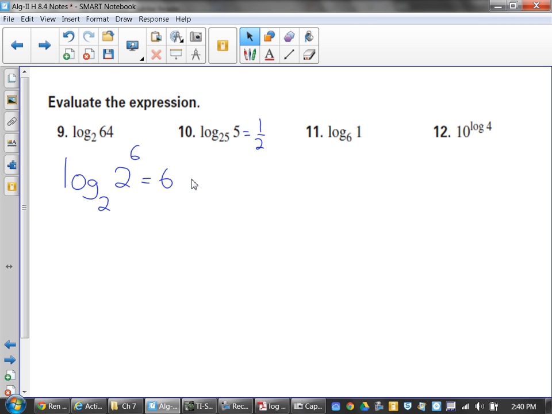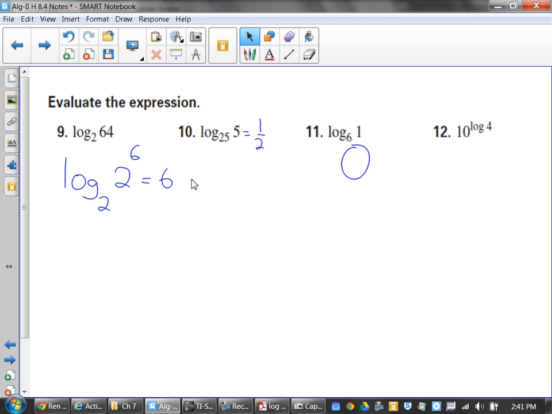Log base 6 of 1. Remember, it's asking 6 to what power is 1? 0. It's going to blend back and forth into some of these. All right. 10 to the log of 4. 4.